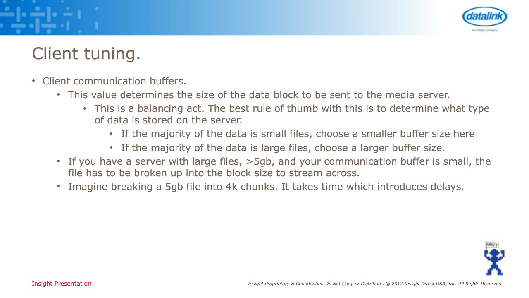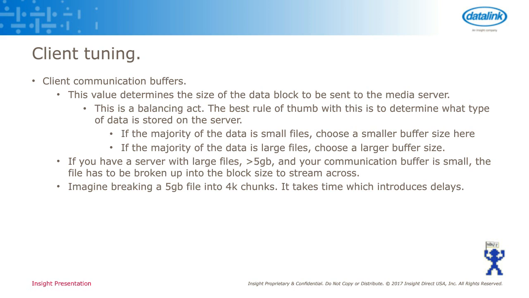The reason is that if you have primarily large files, like 5 gigabyte video files, and your client communication buffer is really small, the file has to be broken up. Let's say you set an 8K client communication buffer. That 5 gig file has to be broken up into 8K chunks, which is a large number, and once it has 8K, it can send it across the network.